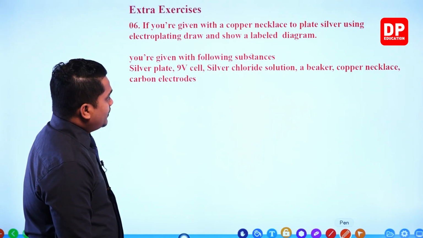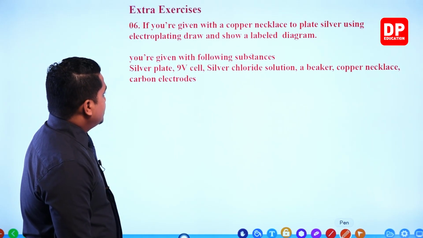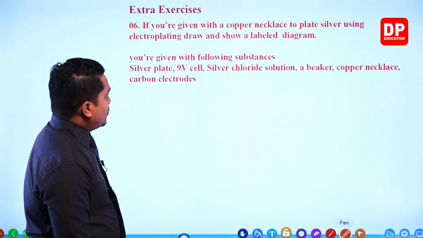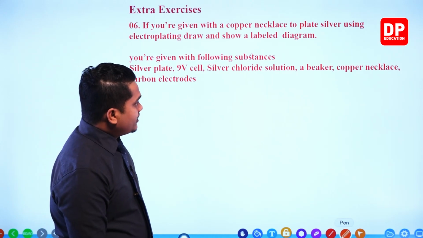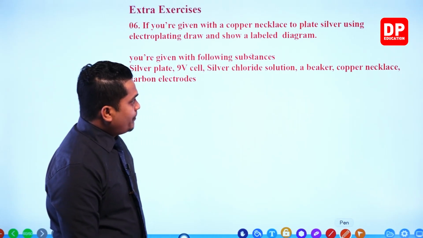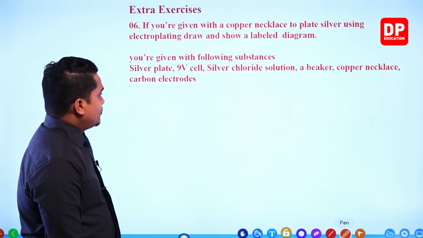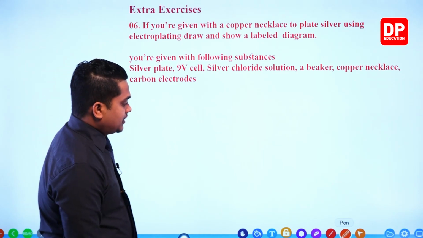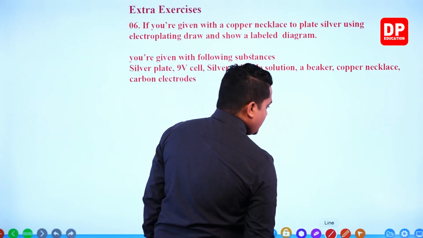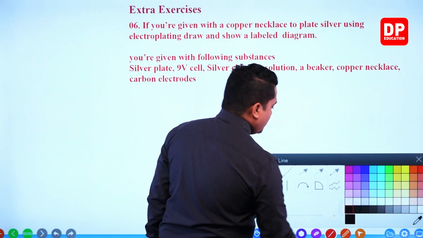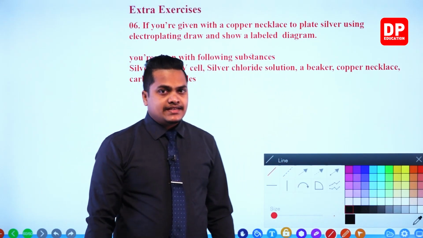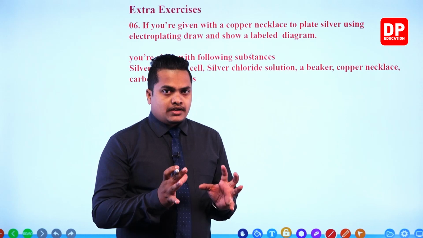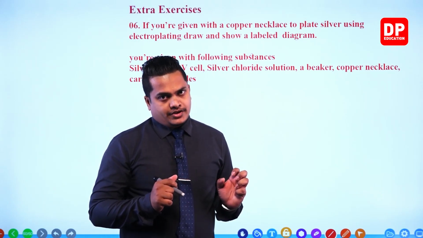You are given the following substances: silver plate, 9-volt cell, silver chloride solution, beaker, copper necklace, carbon electrodes. So, in order to plate silver, we need to plate silver onto a copper necklace, my dear children.